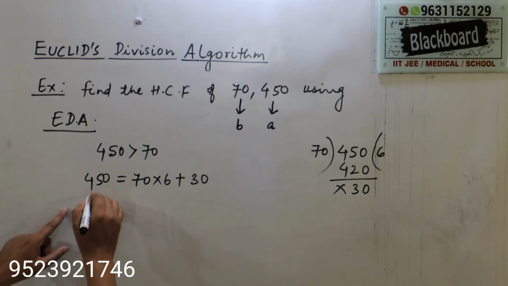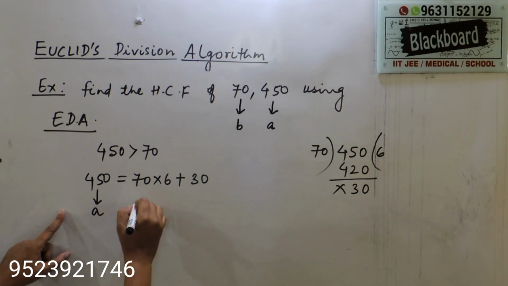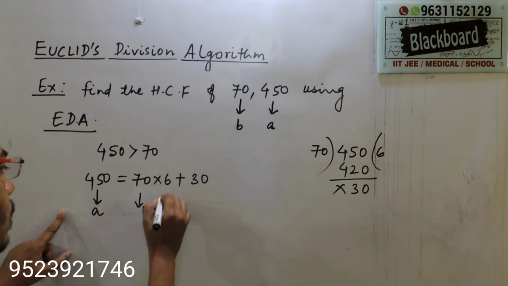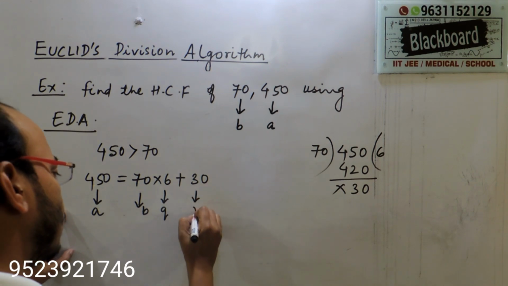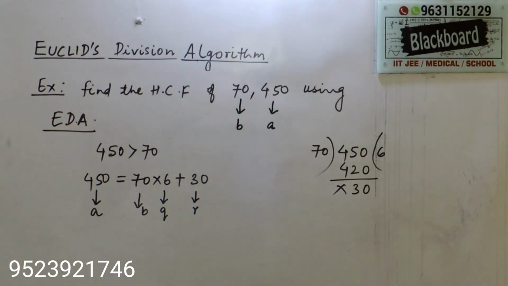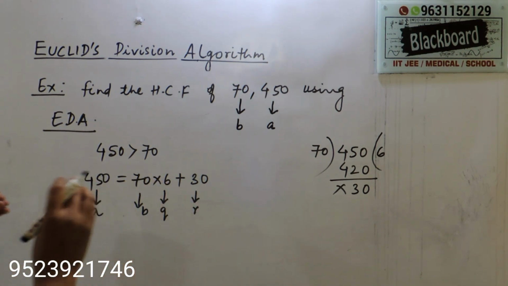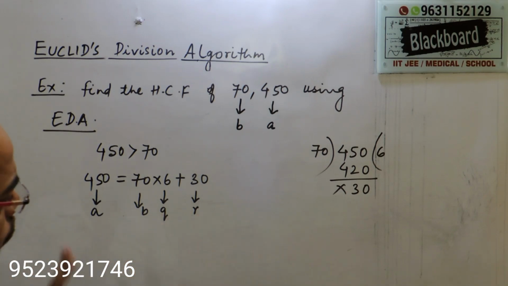Now this is A, this is B, this is Q, the quotient, and this is R, the remainder. Now again repeat the step. Here R is not equal to 0. You have to repeat the step till R is 0.